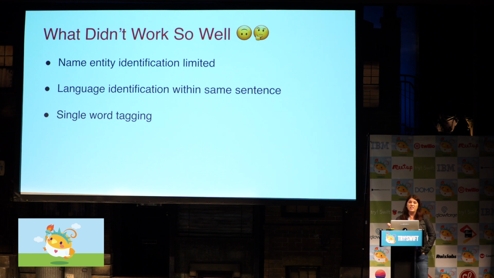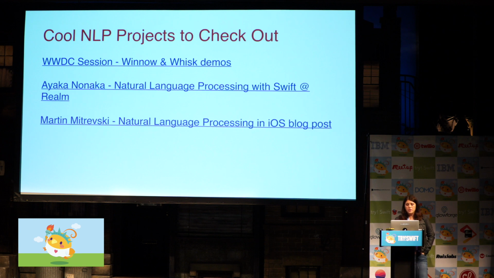Some cool projects to check out if you're interested in looking at other projects: the WWDC session contained two really good examples of how to incorporate these into hypothetical apps. Ayaka had a really great talk at Realm a couple years ago on natural language processing, in which she uses the APIs to train a model to identify spam.